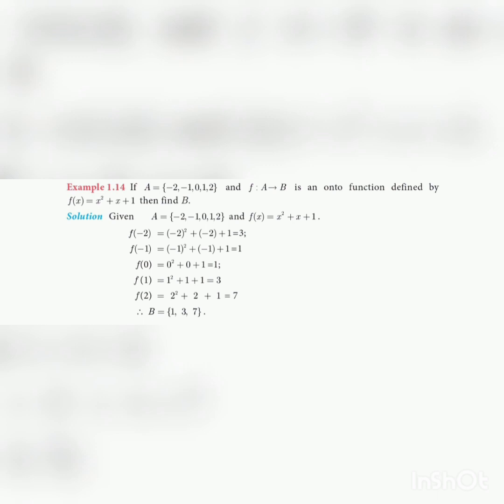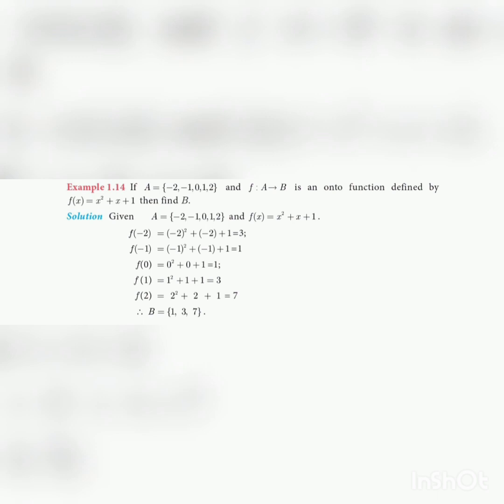So for f of minus 2, we take the function x square plus x plus 1. Instead of x, we enter minus 2. So f of minus 2 is finally 3. Similarly, for each element in A, we find the respective images. After completing those steps, we collect all those f values and write them as the codomain {1, 3, 7}.